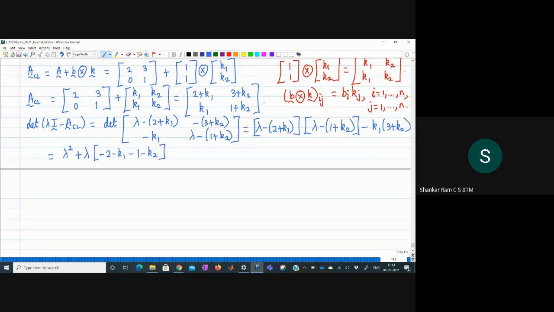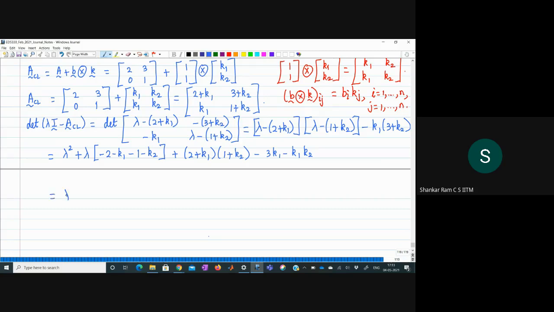That's the coefficient of lambda. And the constant term will be 2 plus K1 times 1 plus K2, minus 3K1 minus K1 K2. That's the final term of this expansion.